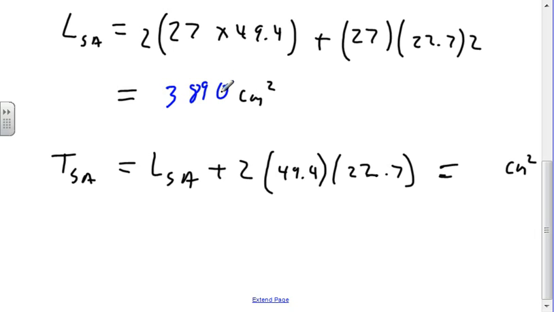Then I'm going to add 2 times 49.4 times 22.7, and I'm going to call that 6140 centimeters squared. Okay, good enough?